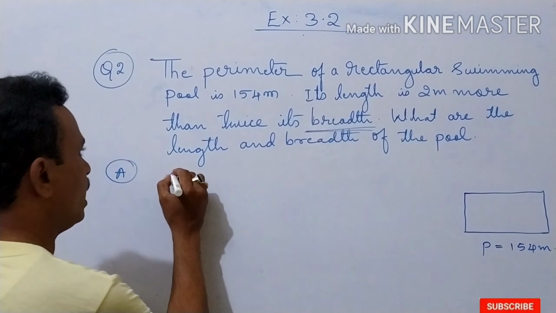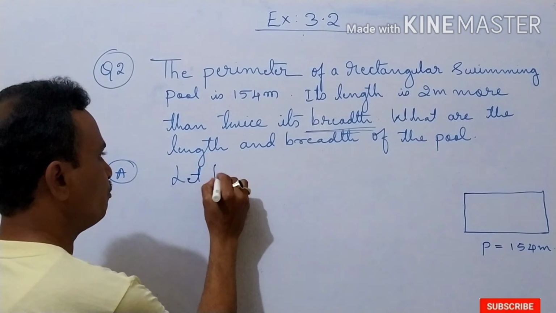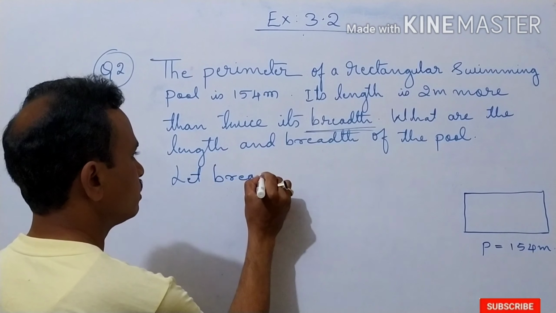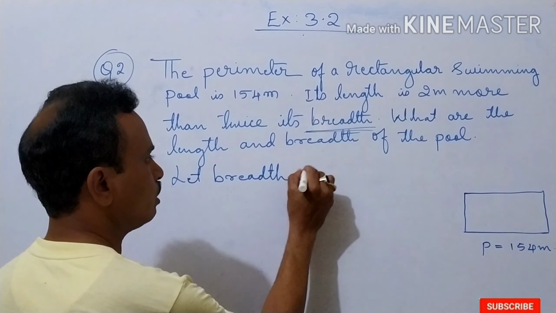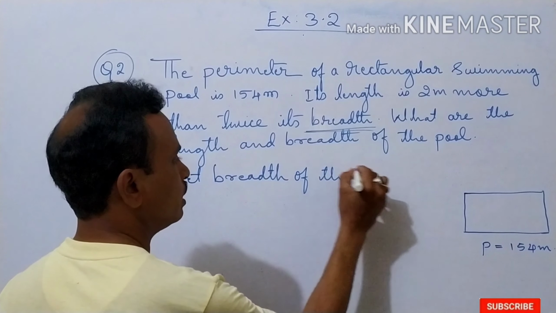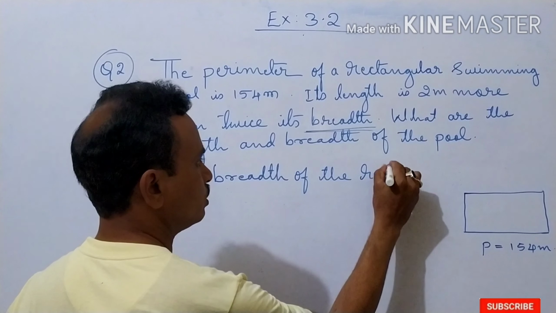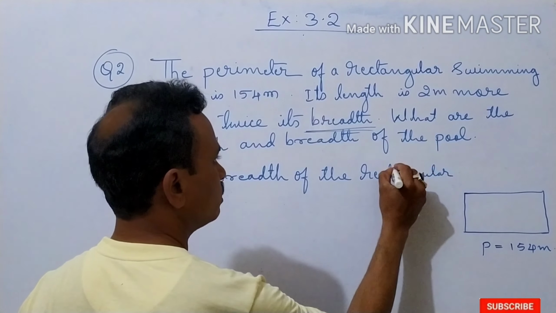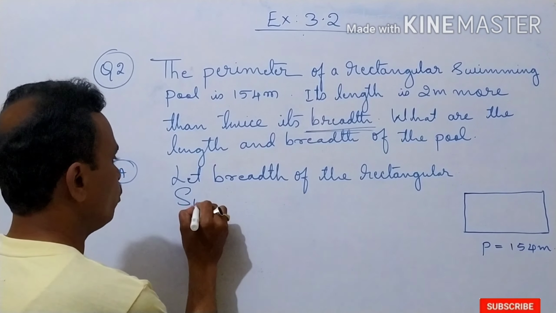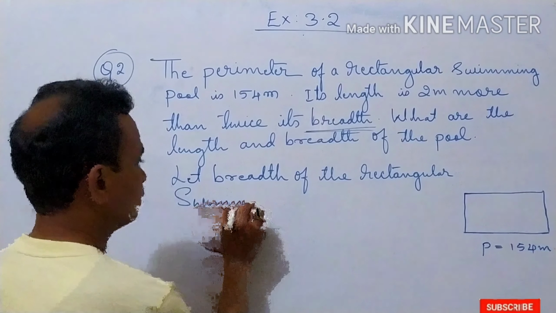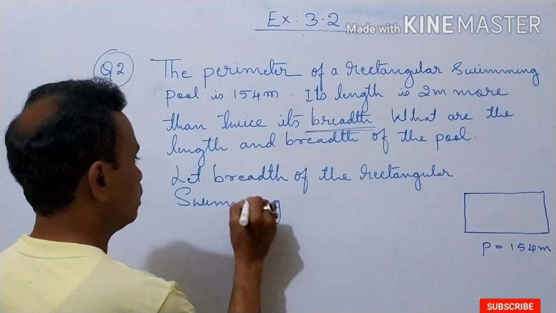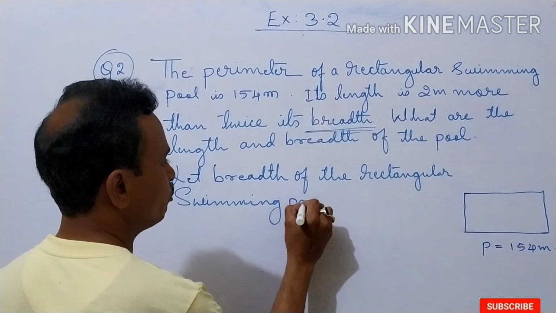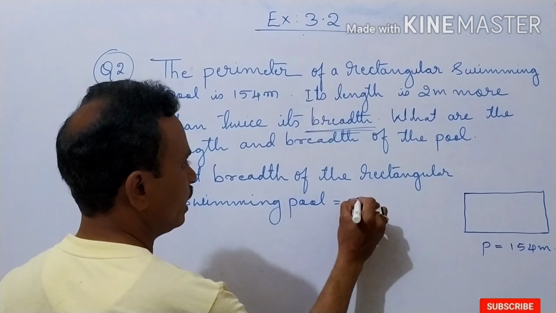Now here, let the breadth of the rectangular swimming pool, that we should take as x meter.